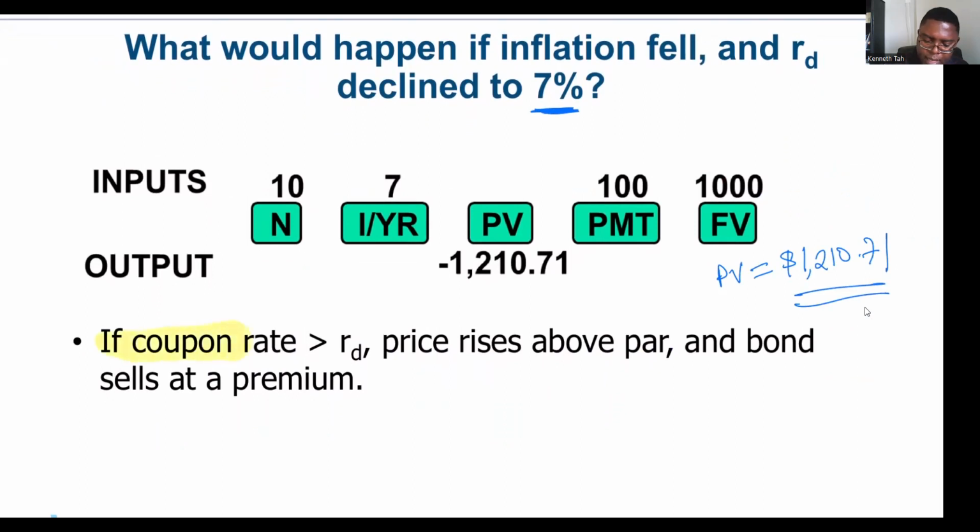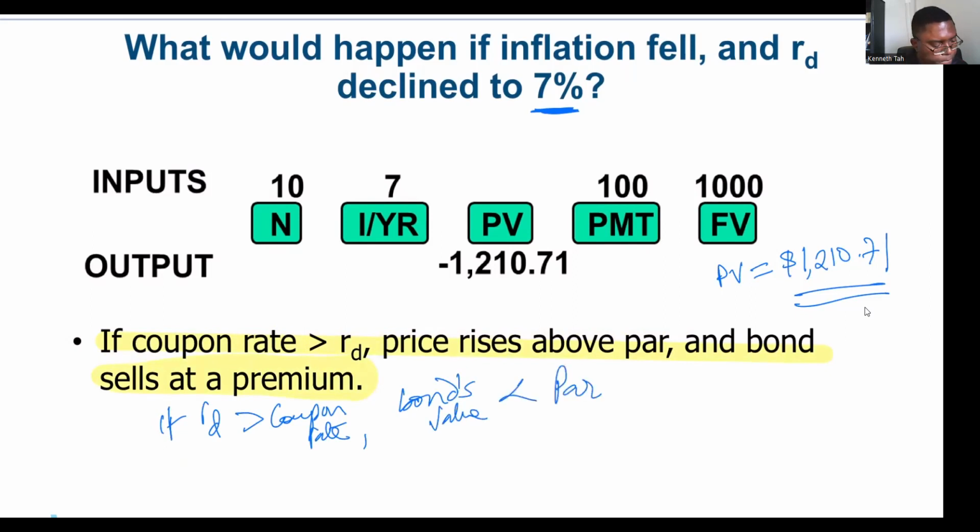So we can conclude that if the coupon rate is greater than the yield, the value rises above par, and the bond is selling at a premium. If yield is greater than the coupon rate, then the bond's value is less than the par. It's the reverse.